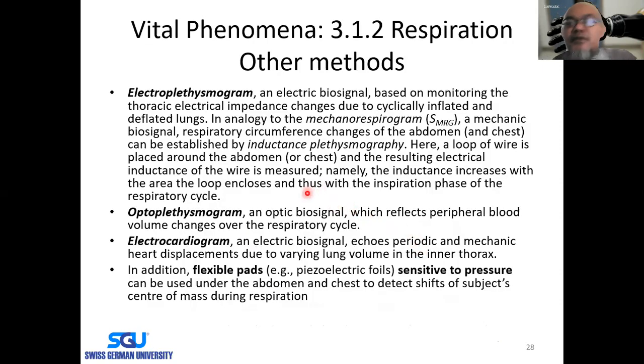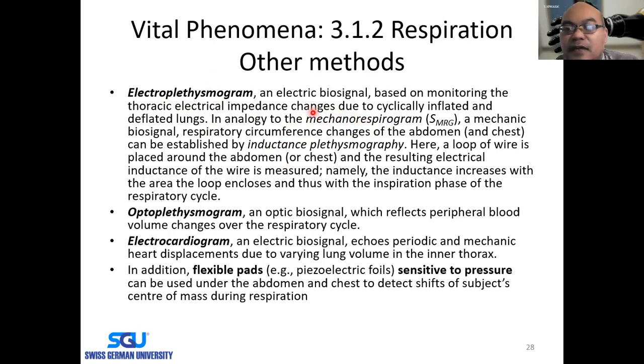Other methods that can be used to measure respiration are the electroplethysmogram, EPG. This is an electric biosignal based on monitoring the thoracic electrical impedance change due to the cyclically inflated and deflated lungs.